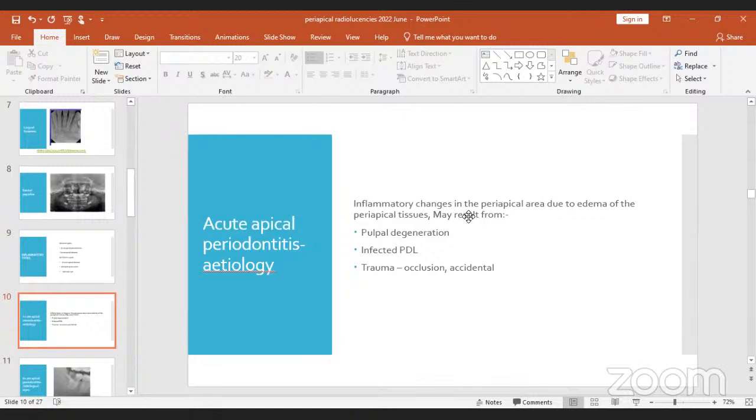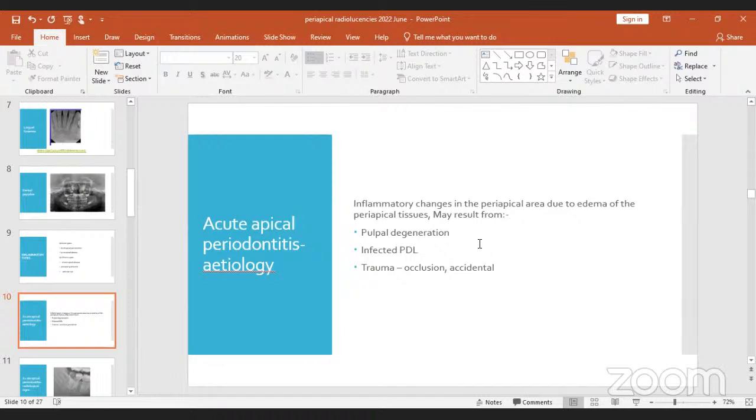So we look at some of these lesions. We start with acute apical periodontitis. What is the etiology?